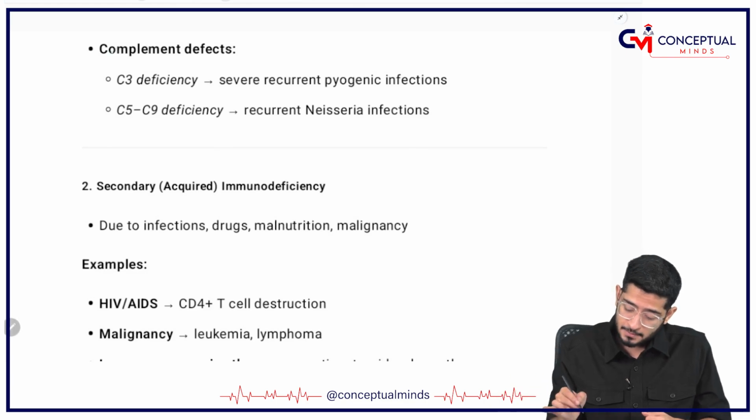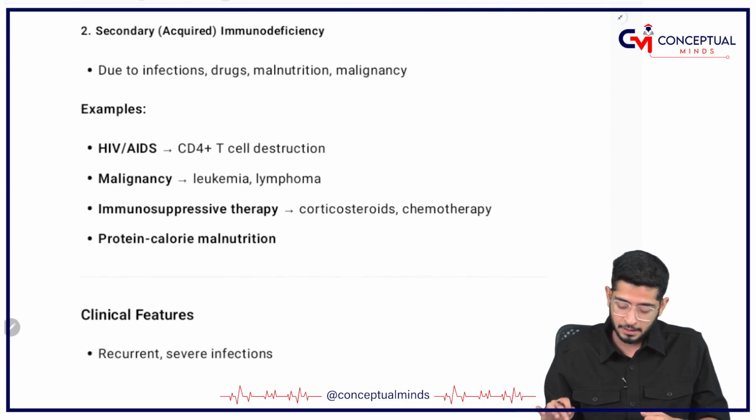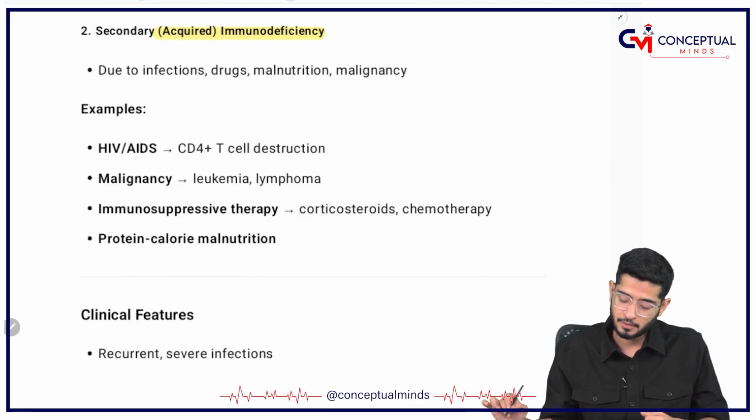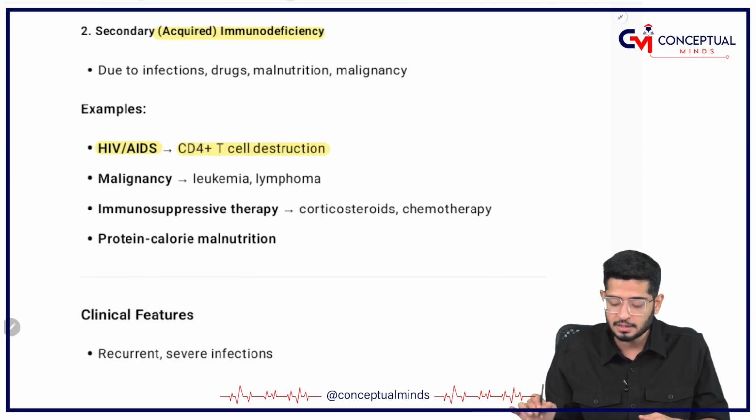Now, there can be some complement defects also. This we have already discussed, so I am not repeating it. Then coming on to the secondary immunodeficiencies. These are acquired immunodeficiencies. For example, HIV, AIDS. They are going to kill the CD4 T cells. That's why immunity is going to be less. For example, malignancy.